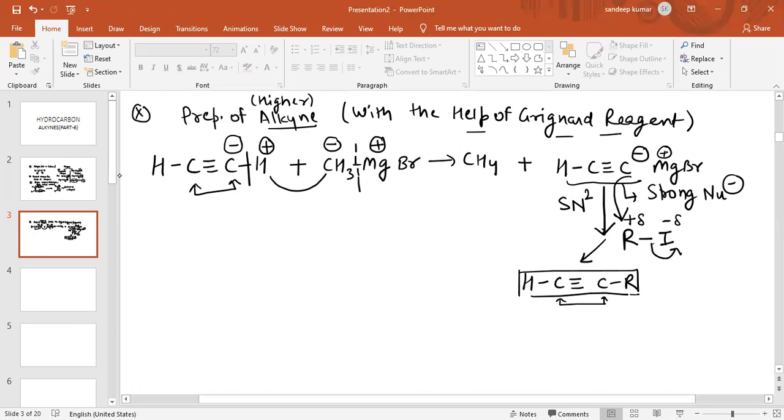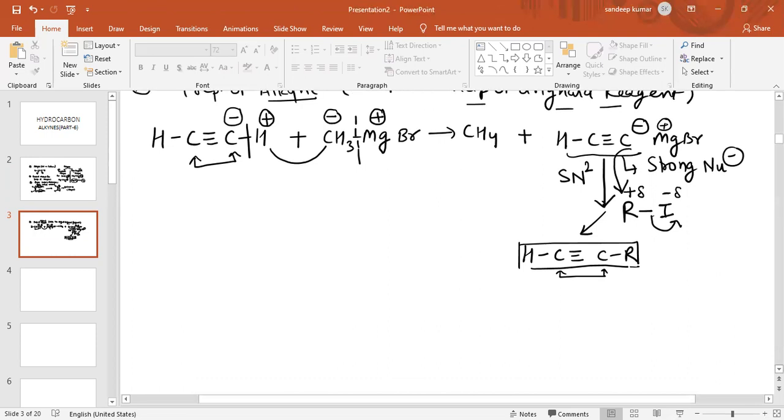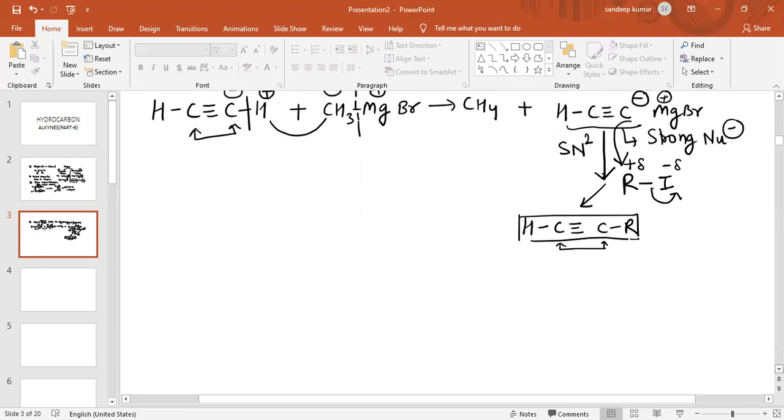So this is the preparation of higher alkynes with the help of Grignard reagent. Now see the next question. We have the reactant R, C triple bond C, H, on reaction with a Grignard reagent like CH3MgBr. Again the bond will break in this way: magnesium will be positive and carbon will acquire negative charge.